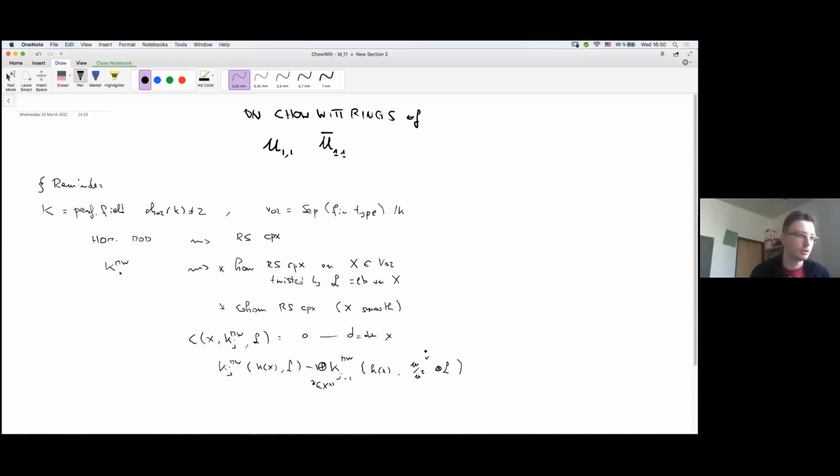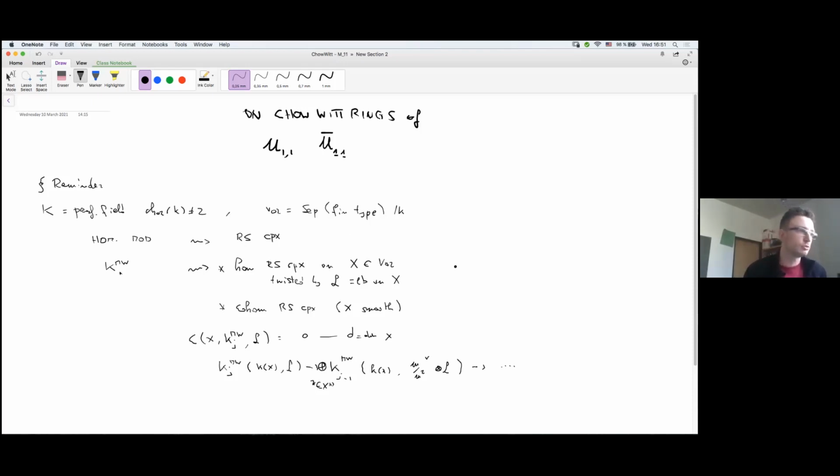Here m mod m squared comes from the maximal ideal of the local ring of the point x inside our variety X. And then we keep going all the way until X is exhausted.